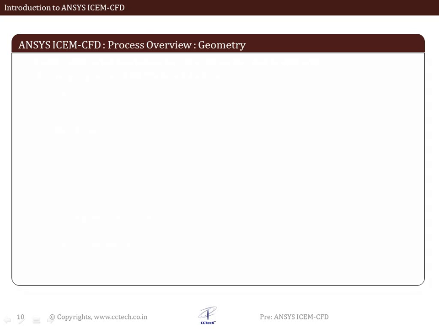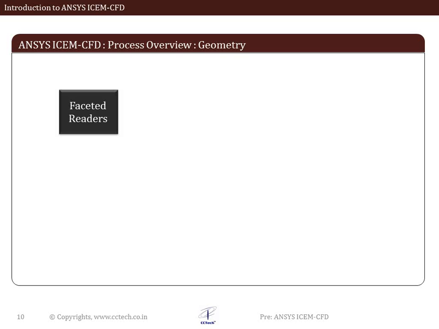The first task in ICEMCFD is geometry creation, which defines the shape and size of the domain. Most of the industrial problems involve complex geometries which are either impossible to generate in ICEMCFD or consume a lot of time. So, the general practice is to use standard CAD softwares to generate the CAD model. In such cases, depending on the format of the CAD data available, various functions of ICEMCFD are used.